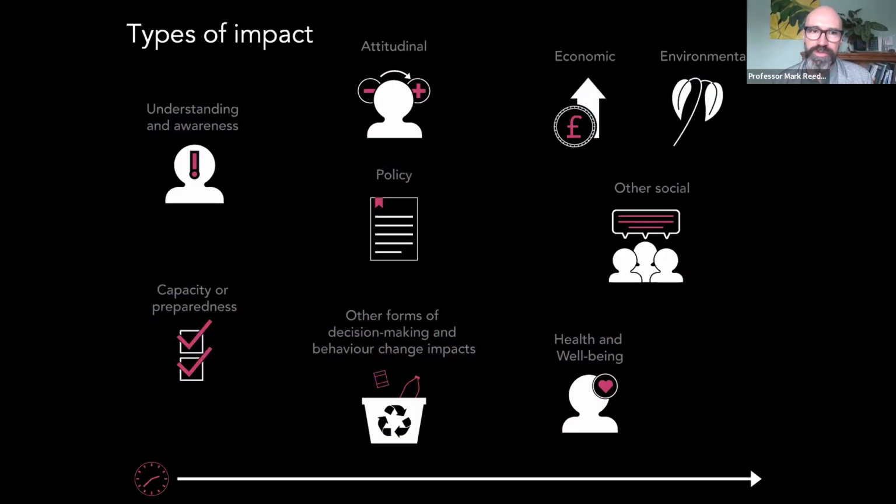And of course, there are different types of impact. From the left to the right, these are things that take less to more time. And I'm going to suggest that within each of our projects, we can all generate benefits in the arena of understanding and awareness and capacity or preparedness. This is not actually that difficult.